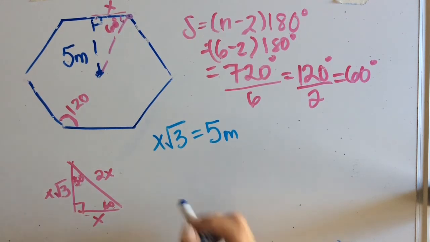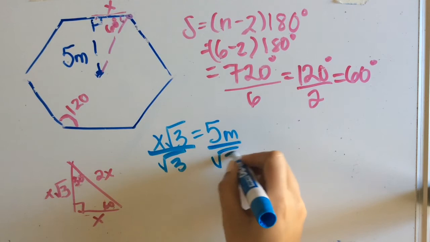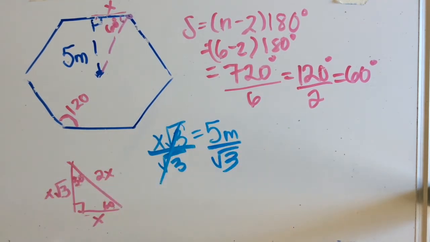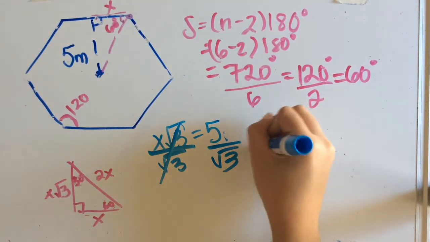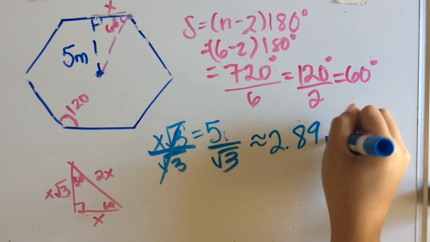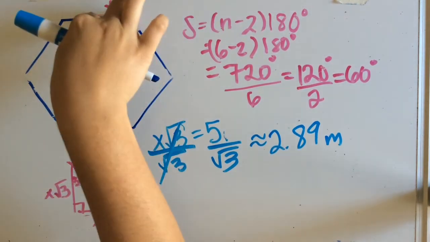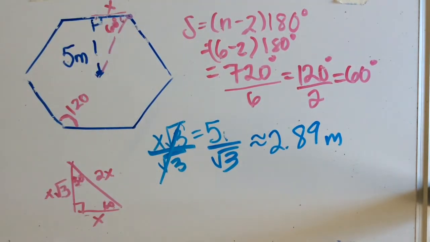So if I divide both sides by the square root of 3 when I'm solving for x, and I just plug into my calculator 5 divided by the square root of 3, I should get approximately 2.89 meters. So this length right here, this half of my whole side length, is going to be 2.89 meters.